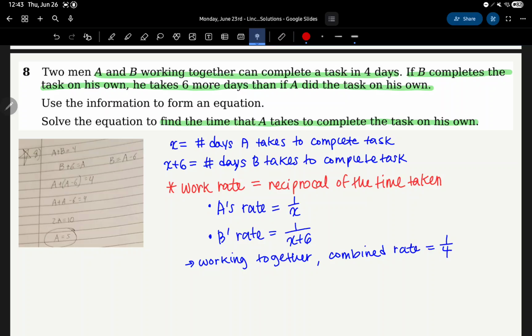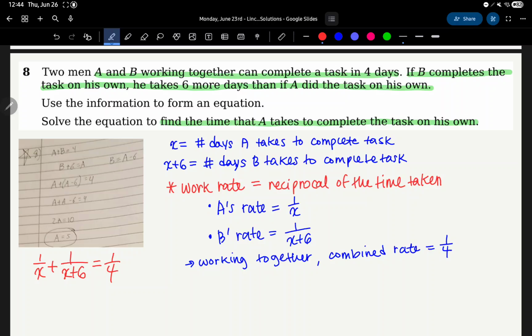So how do we form the equation now? Since we know that if we add the work rate of A, which is 1 over x, plus the work rate of B, which is 1 over x plus 6, that's going to be equal to 1 over 4, right? It's only talking about the daily rate. You understand?